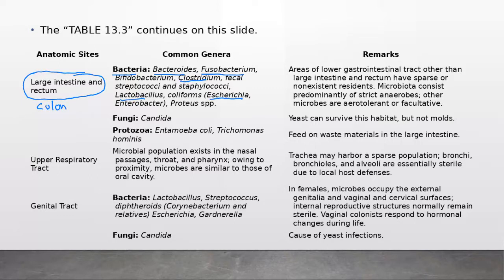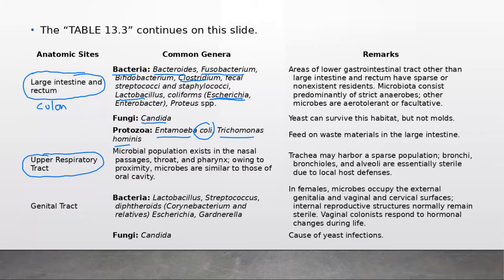The name is telling you. So these bacteria live in the colon. Fungi like Candida, protozoa maybe Entamoeba coli. Again, the name is telling you the location. Trichomonas hominis. For the respiratory tract, it will be the upper respiratory tract, like the nose and the throat.